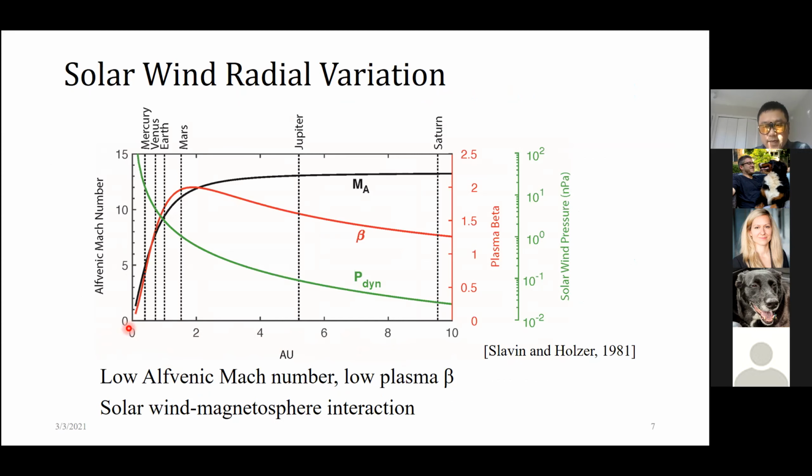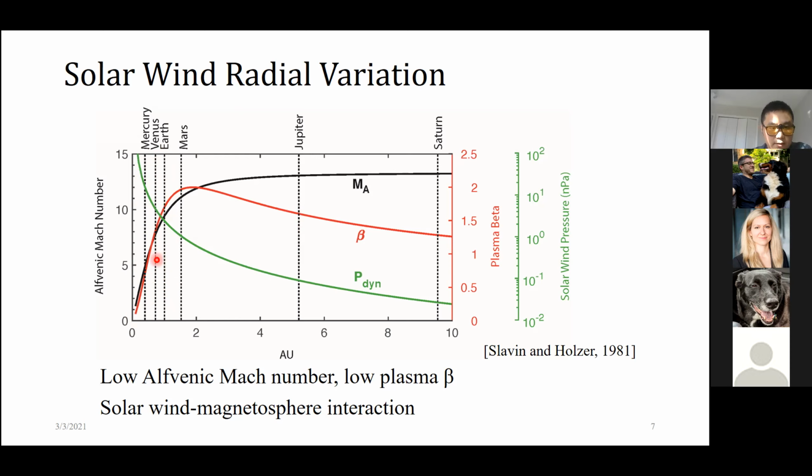The green line shows the solar wind dynamic pressure, the red line shows the solar wind plasma beta, and the black line shows the solar wind Alfvénic Mach number. And the place of each planet is represented by the vertical dashed lines. The innermost is Mercury here, the Earth is here, this is Jupiter, and this is Saturn.